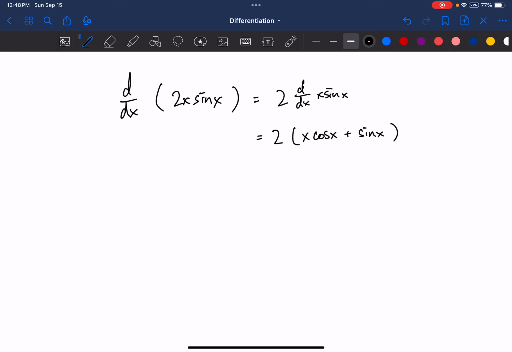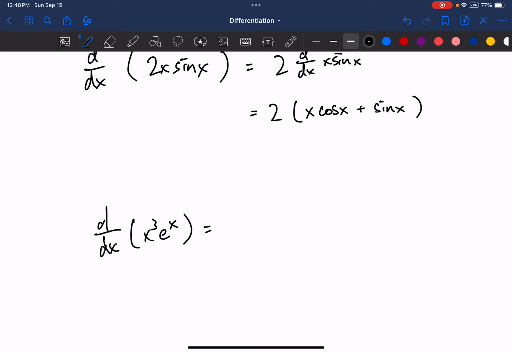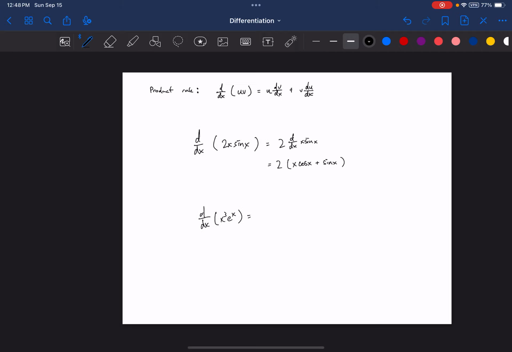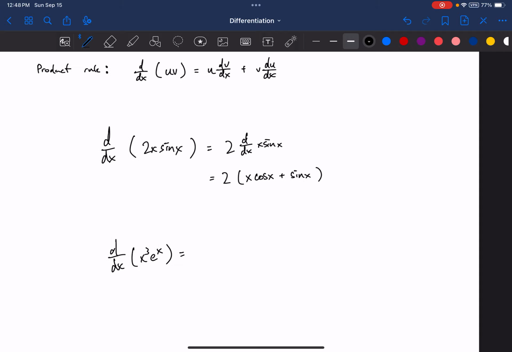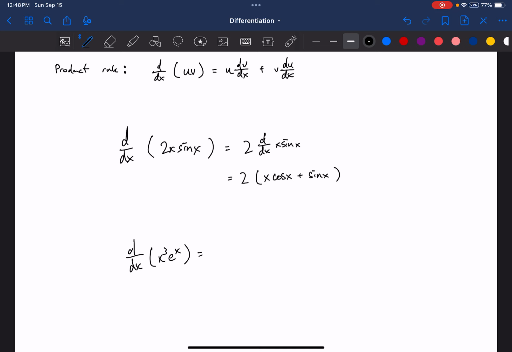Okay, d/dx x cubed e to the x, yeah, something like this, right? So I'll zoom out so you can see the product rule. You would just take one side. For this one, it is x cubed, and then you differentiate the other one, which is e to the x, which is no change.